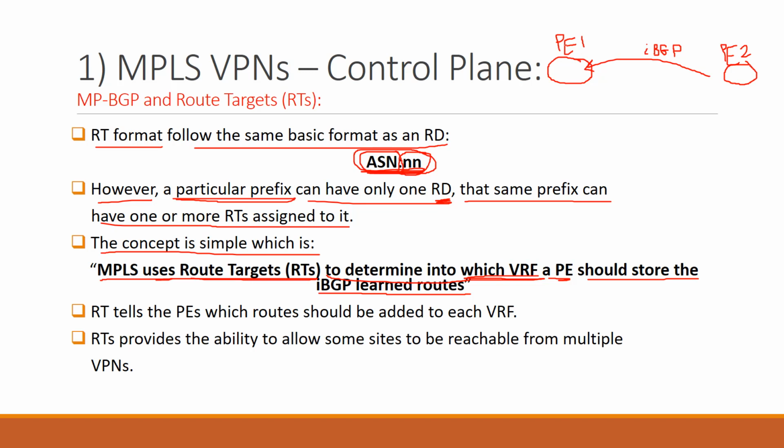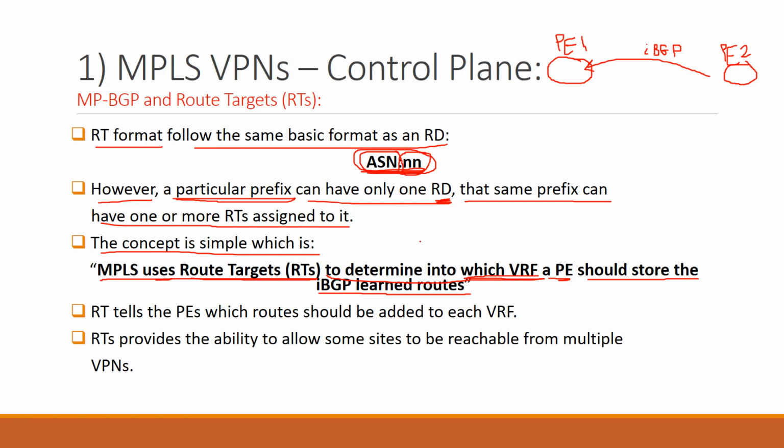So PE1 now learned via BGP two prefixes. They are unique because of the route distinguisher, so it can distinguish between them, but PE1 doesn't know which route should go to which VRF. This will be accomplished using the route target.